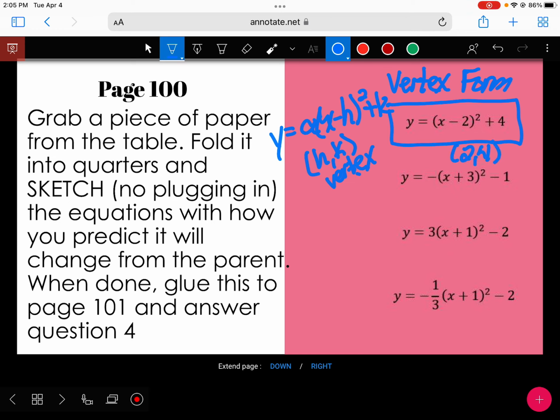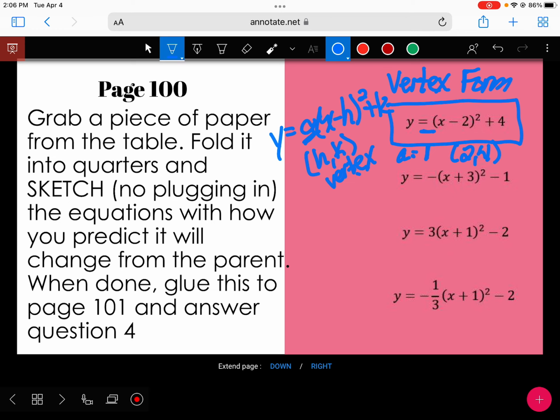So that's where you're going to put your point, 2, 4. And then look at where a is. a happens right before. What is my a value? It's a positive 1. So it's going to open upward or downward? Upward.